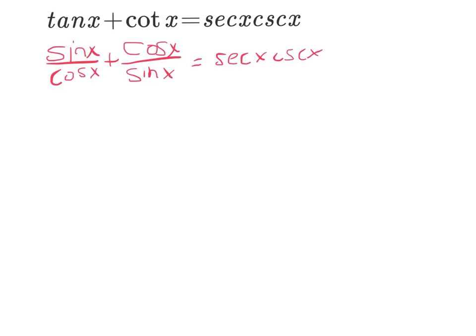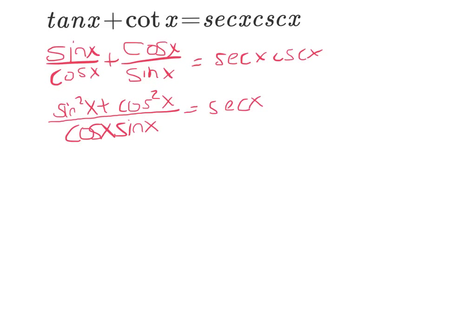Now, if we combine those two fractions, the denominator would be cos times sine. So the numerators would be sine squared, and the second numerator would be cos squared. And now our new numerator right here is one of the Pythagorean identities. We know that that is equal to 1.